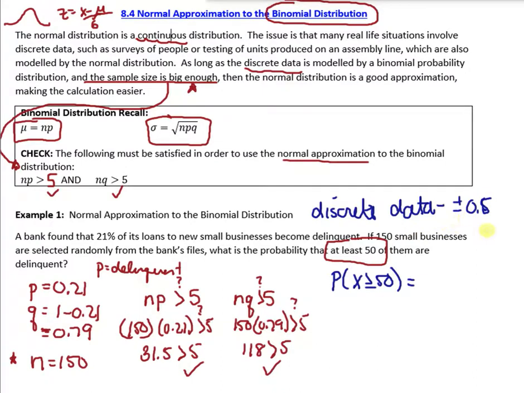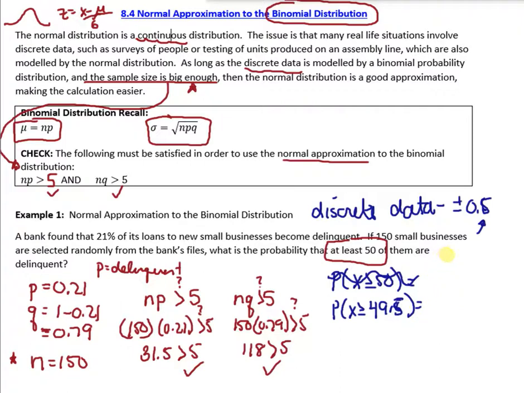If the discrete data you're dealing with already has one decimal, you move to the next decimal and keep going until it's satisfied. So instead of saying x is greater than or equal to 50, we're going to say x is greater than or equal to 49.5, because that would be continuous.